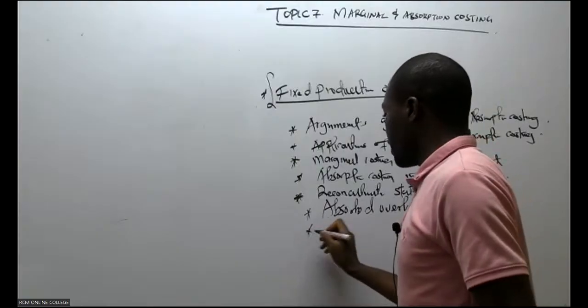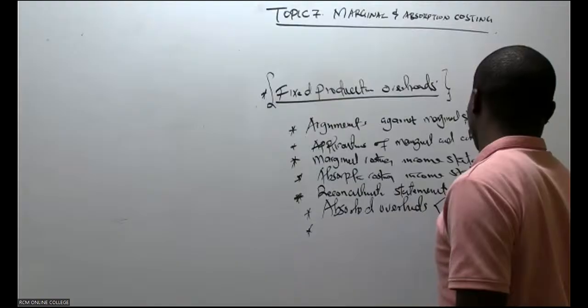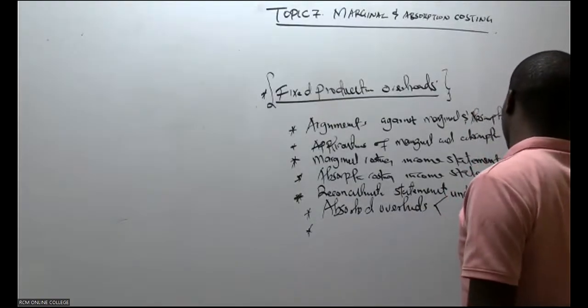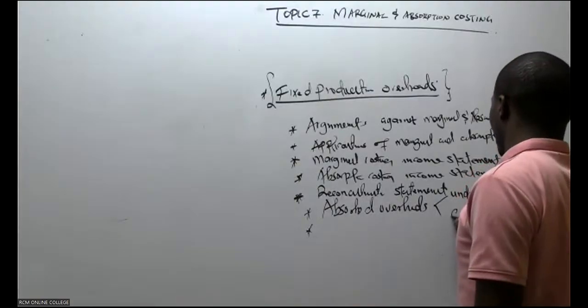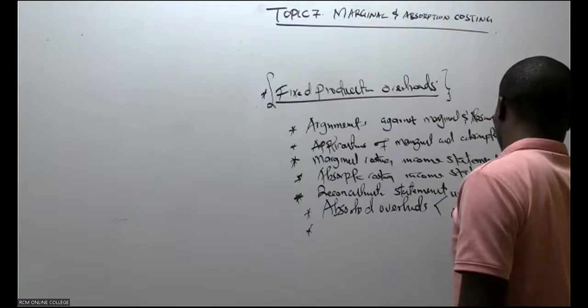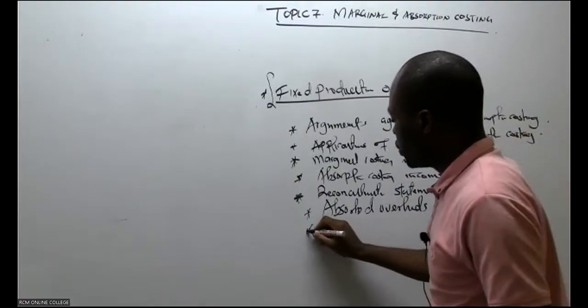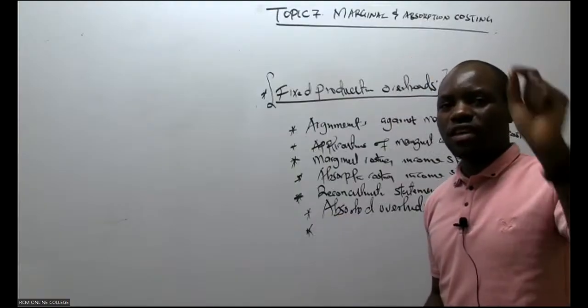There are those overheads. Under absorbed overheads, you're going to meet under absorption or over absorption. You're going to meet the different values of the closing inventory.